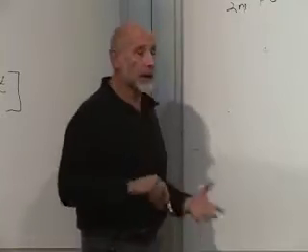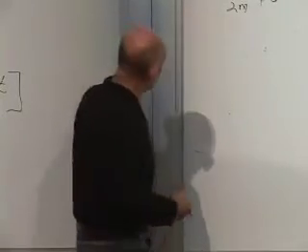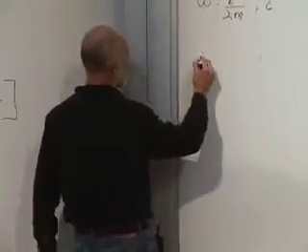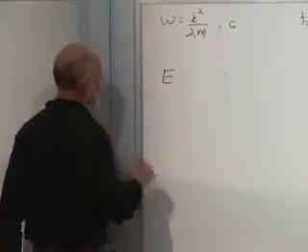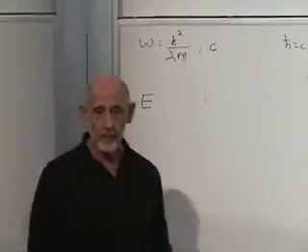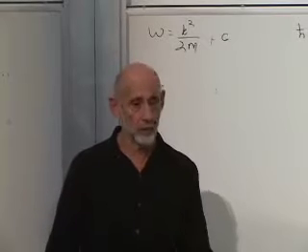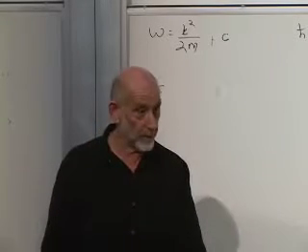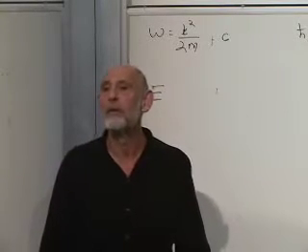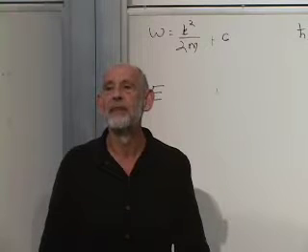Okay, what's the connection? Omega is energy. Let's write it first in a form that we might remember best. What's the relation between energy and momentum for a particle which is relativistic? Anybody remember? Momentum equals E over c.